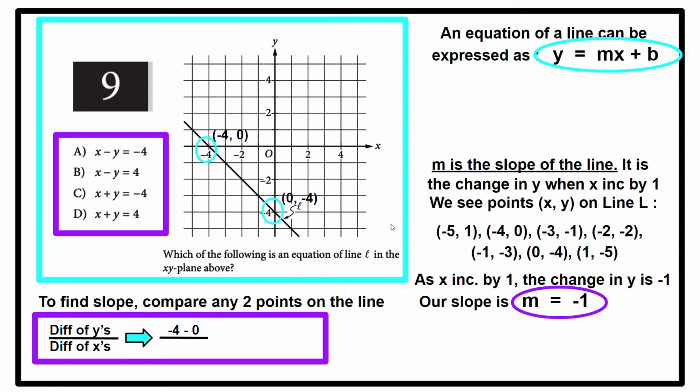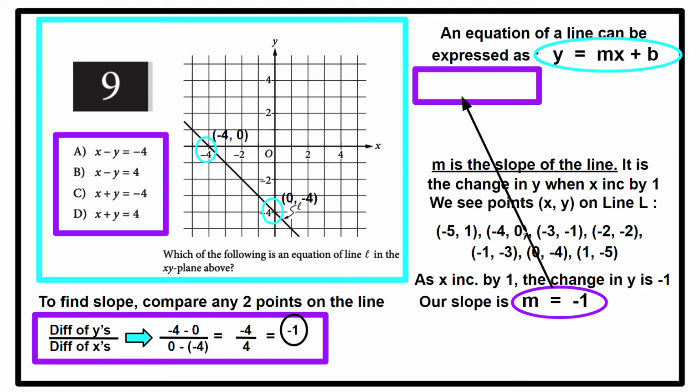So -4 minus 0 is the difference of the y's, and the difference of the x's is 0 minus -4. We can simplify that to -4 divided by 4, because 0 minus -4 is 4. And -4 divided by 4 equals -1. That supports the slope we had found with our more observational technique.